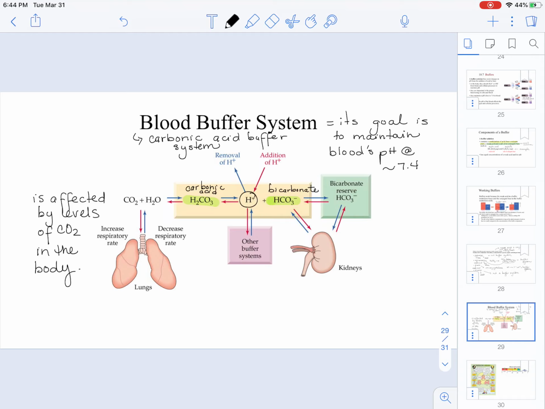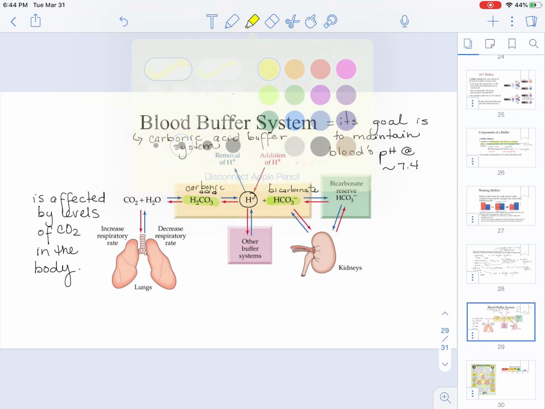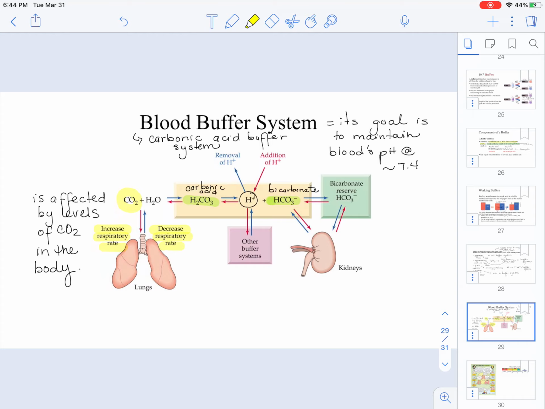So if you have problems in respiration, a decrease in respiratory rate or an increase in respiratory rate are going to be affecting the levels of CO2. And if you affect the levels of CO2, then that is going to affect this buffer system. So I want to specifically talk about a condition that is called respiratory acidosis and apply it to the carbonic acid buffer system, so we can see where the name respiratory acidosis comes from.